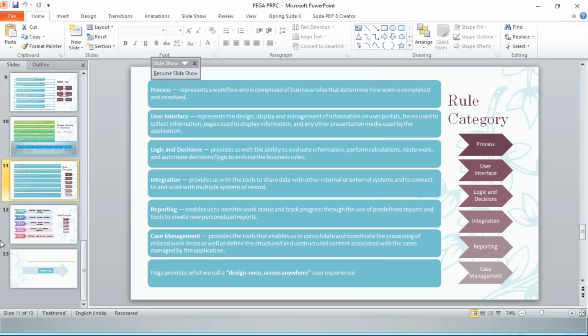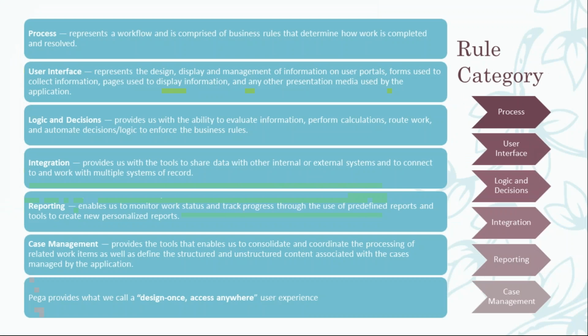So that's talking about the different rule categories present in Pega to support how you handle the complete case; I think you already know about this. They categorize the rules. There is process, which takes care of the workflows.